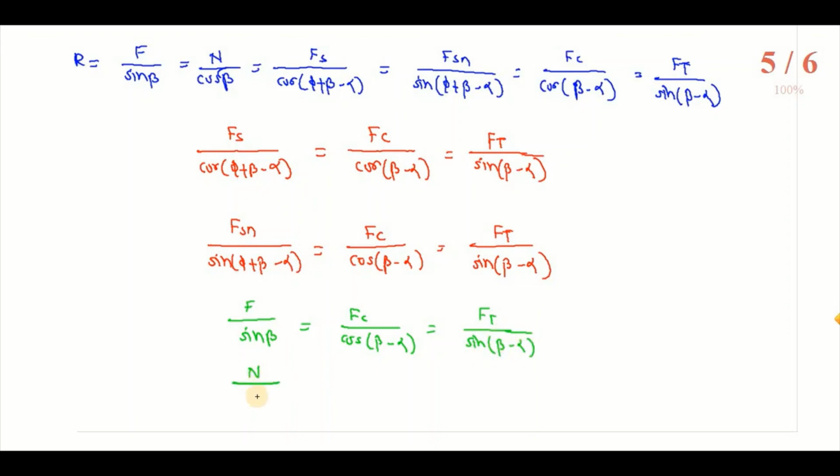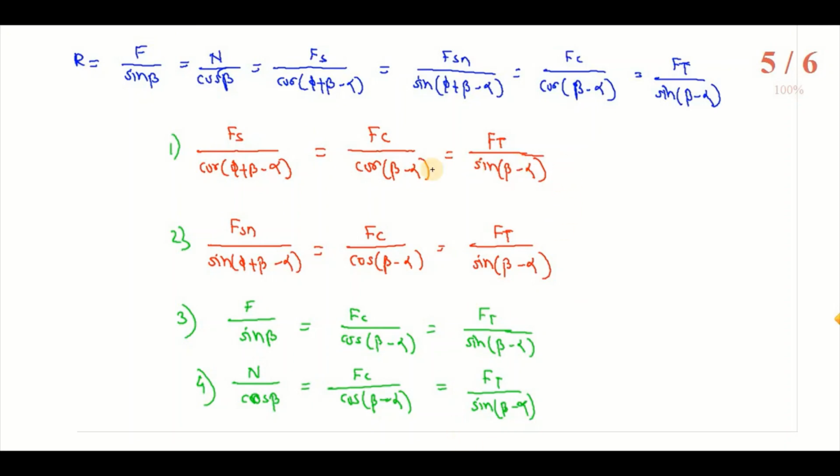Then normal to that friction force, we can write N upon cos beta, which is equal to Fc upon cos(beta minus alpha), which is equal to Ft upon sin(beta minus alpha). So here, using these different relationships, we can find out the values of actual forces from the measurable forces.